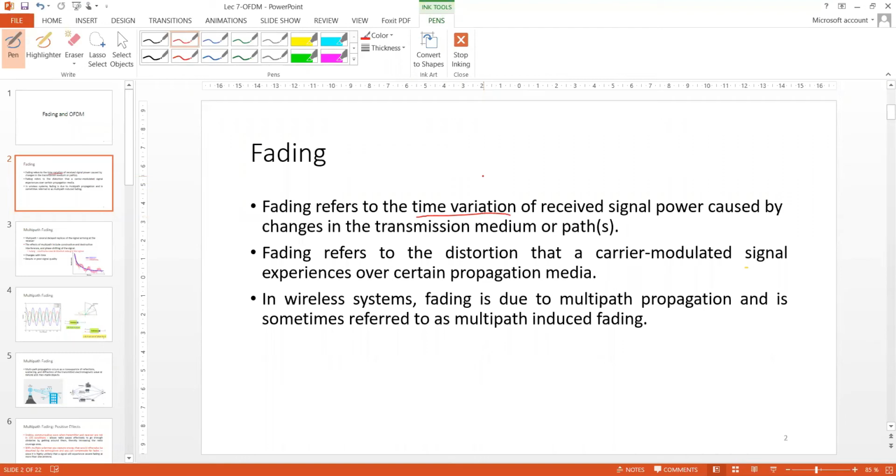Or the time variation of the received signal power caused by the changes in the transmission medium or the path. So it is understood that all the changes or deteriorations taking place in the signal, the main culprit for those changes is the transmission medium or the transmission path present in between the transmitter and the receiver module.